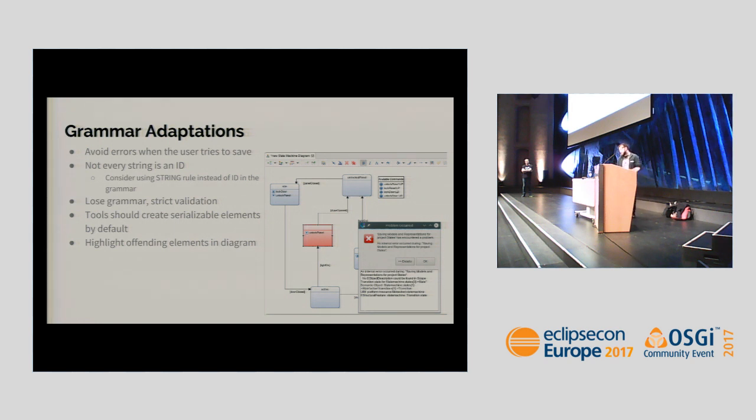You could also loosen the grammar a bit and provide stricter validation, and then you can always serialize and get feedback when there's a problem. And it's generally good practice to highlight the offending elements in the diagram, so that if, in this case, the element has no name, it's red, and so the user can quickly identify where he has to fix the model.